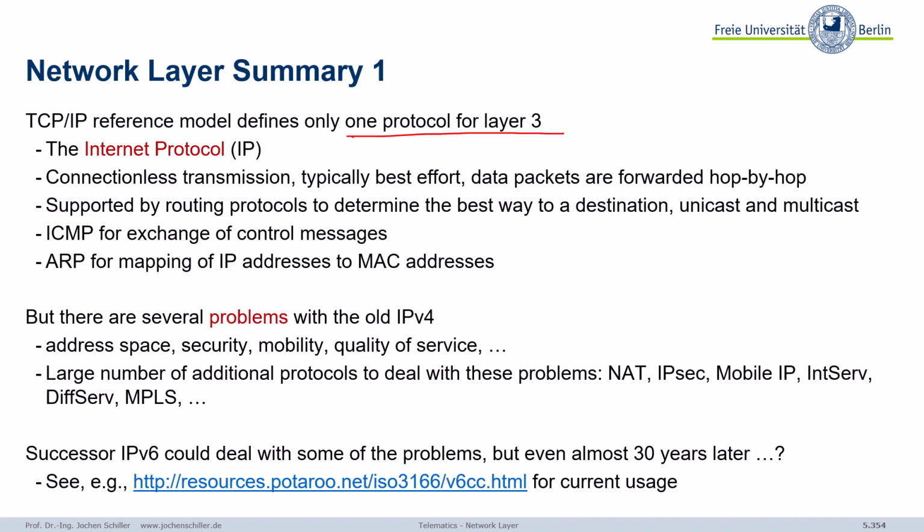But there are many problems, issues, challenges, and this is why there's the successor, IP version 6, that could deal with some of the problems. But now it's almost 30 years later after standardization, and still we're waiting. There's usage of IP version 6, absolutely, but not even close to, I would say, 80-90%. So some countries only a few percent, some other countries at least 40, 50, up to 60%.